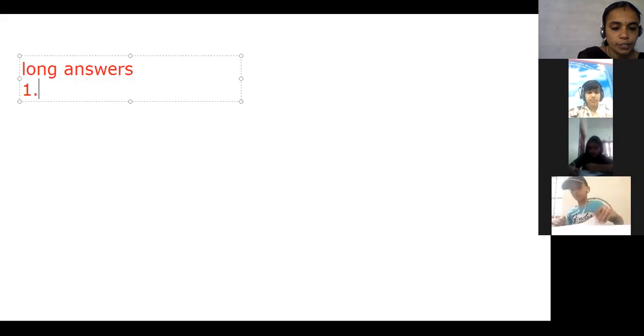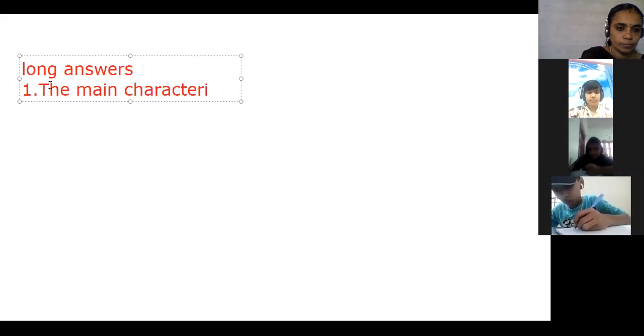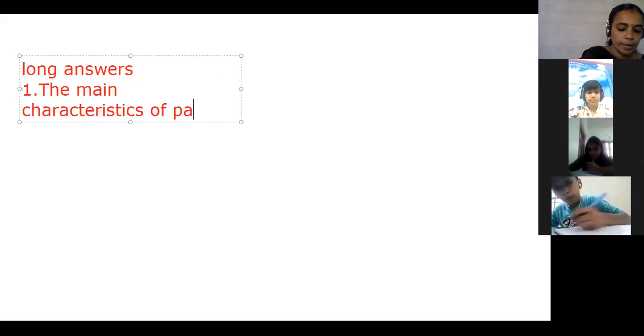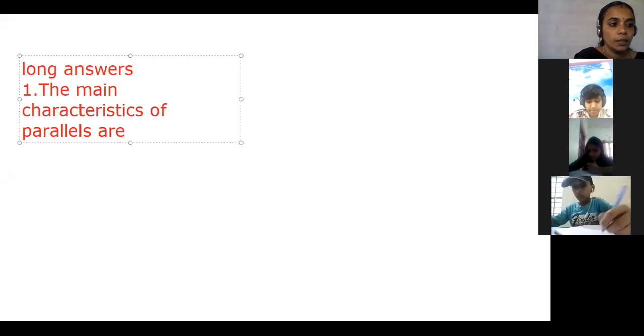The main characteristics of parallels are as follows.